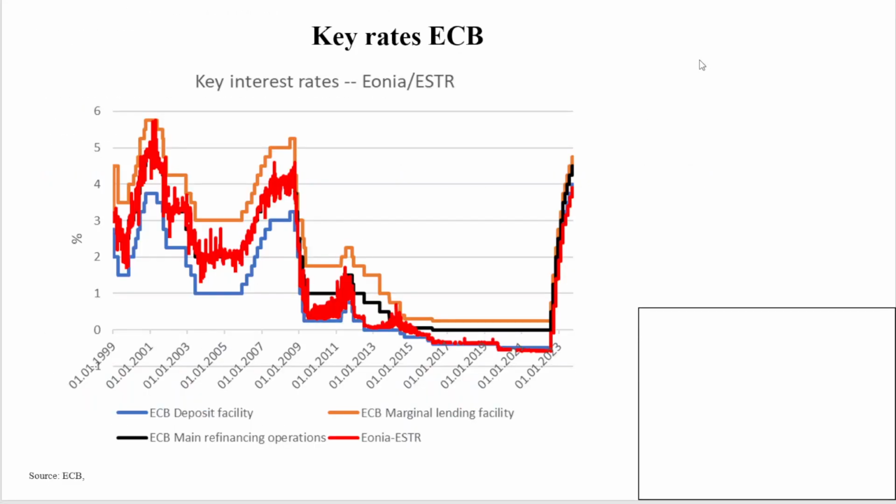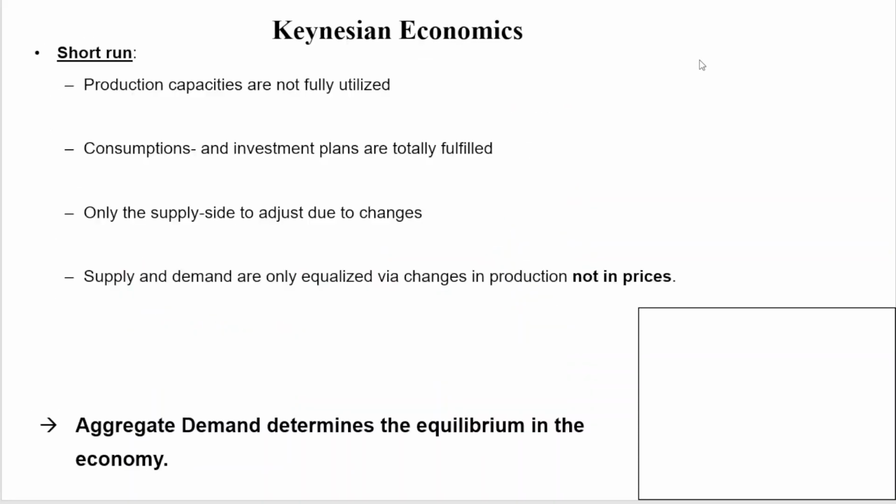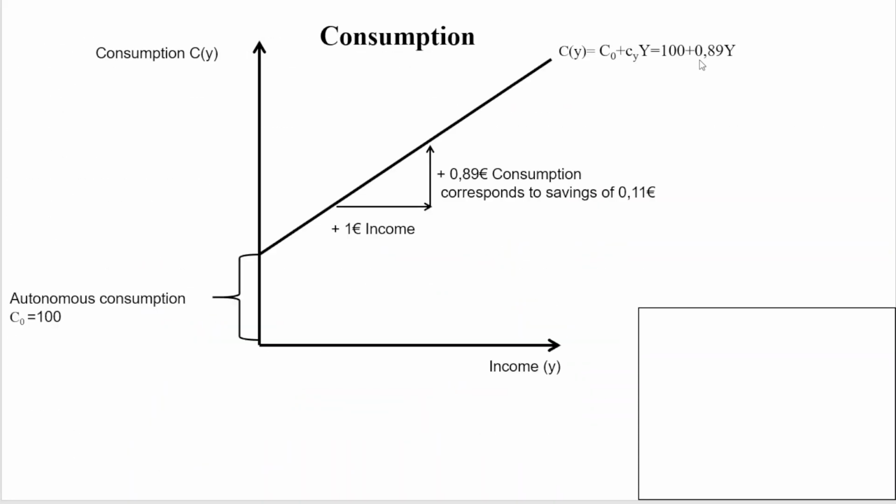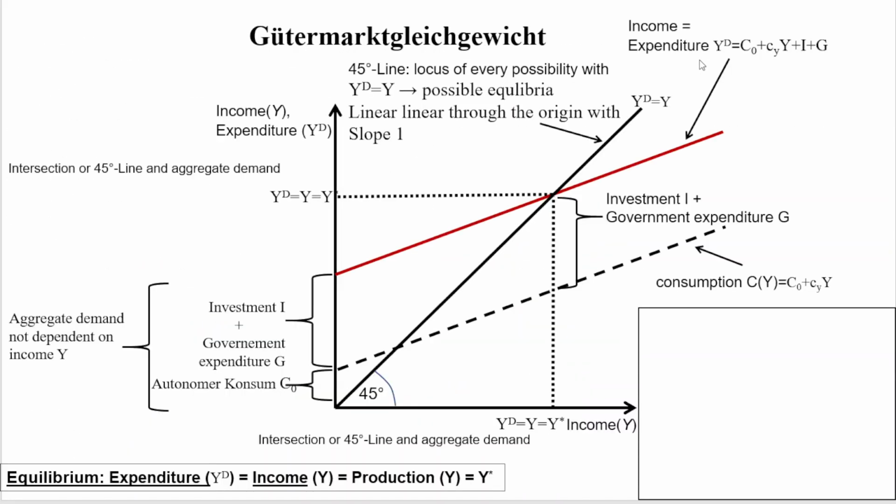And then we come to our theoretical part, Keynesian cross. And I think all these theoretical models, if you understand these diagrams, then I also think you have understood the model itself.